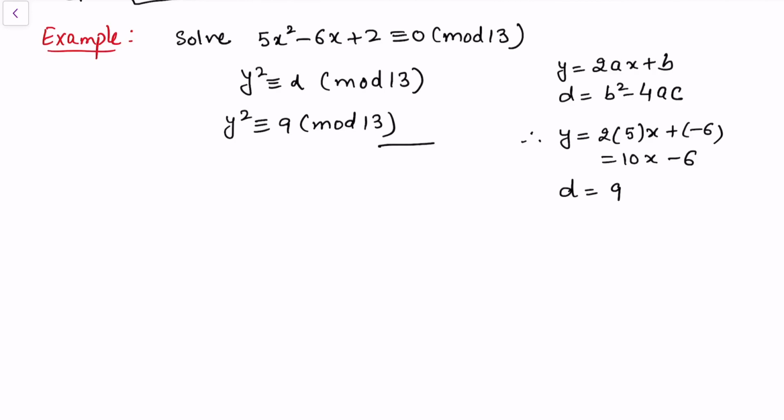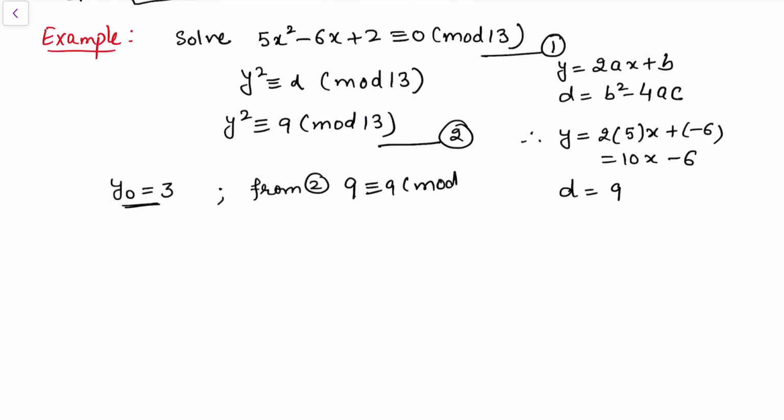Now to solve this, I want to solve 1, but this is equation number 2. By hit and trial, if I take y naught equal to 3, then from 2, 9 is congruent to 9 modulo 13, and it is satisfied. So if I got one solution, I can find the other.